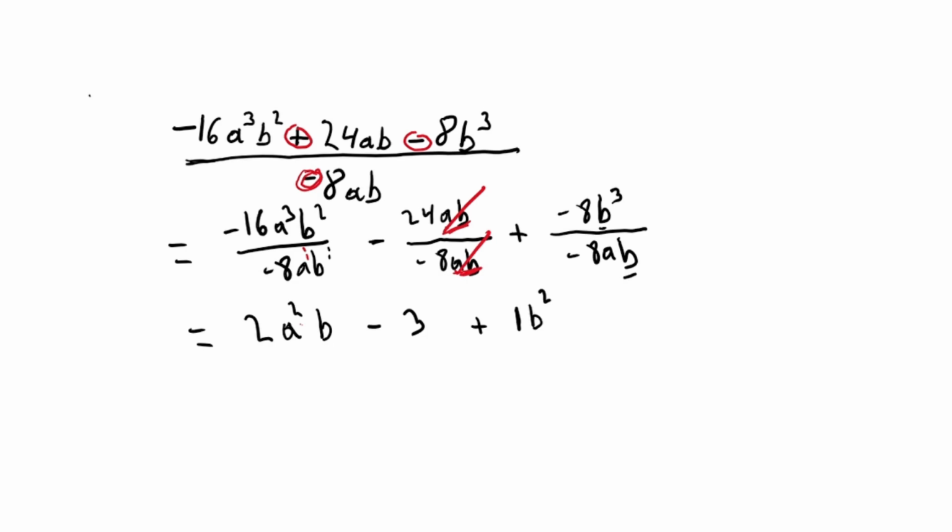So what we do in this case, we leave a at the bottom, because there's no a at the top to subtract with the a at the bottom. So we just leave it as it was, at the bottom.